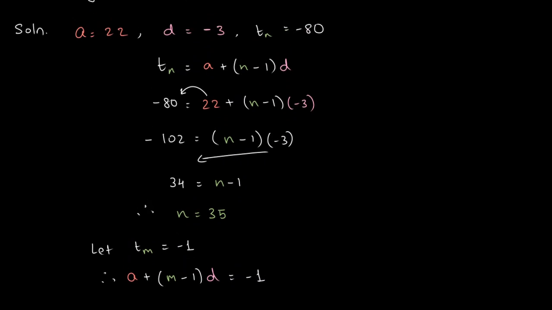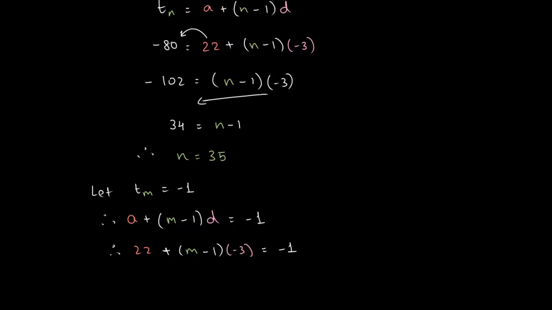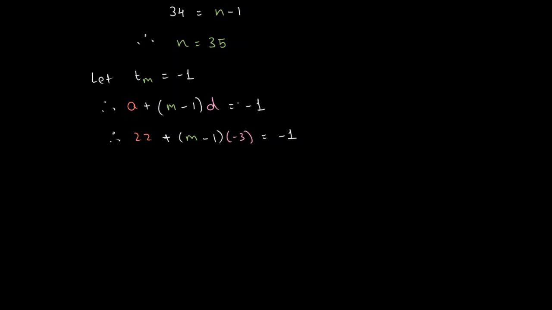Now if you remember, a is equal to 22, d is equal to negative 3. So 22 plus m, that is the value you want to find. You want to find the position of the term minus 1. m minus 1 into d, which we know is negative 3, is equal to negative 1. So let's solve this equation and find the value of m now.